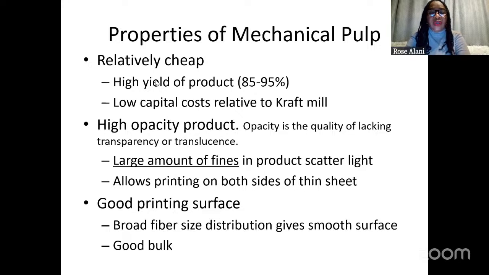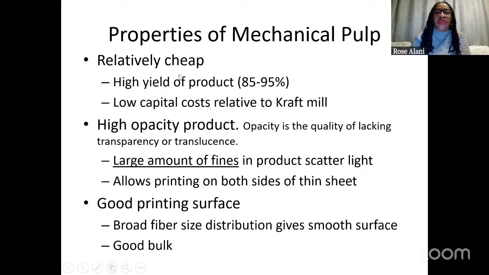It allows printing on both sides for thin sheets. So even though the sheet will be thin, you can print it on both sides and it comes out very good. It has good printing surface. So broad fiber size distribution gives smooth surface and it has good bulk. As we go on, you will know why all these properties are attributed to mechanical pulp.